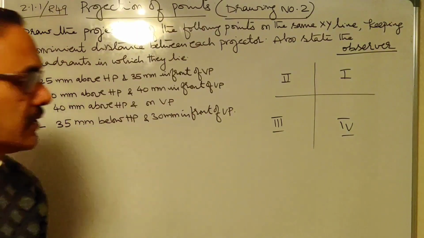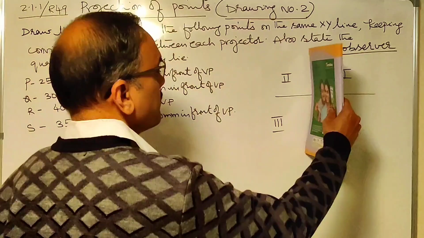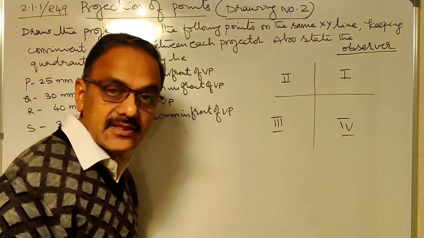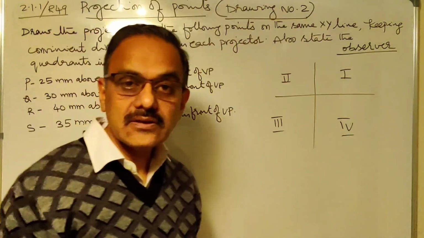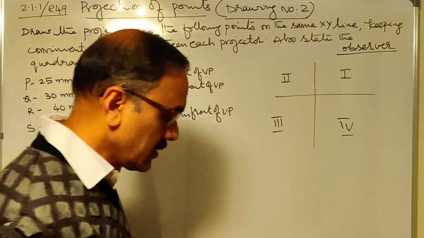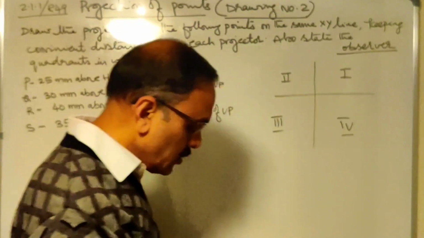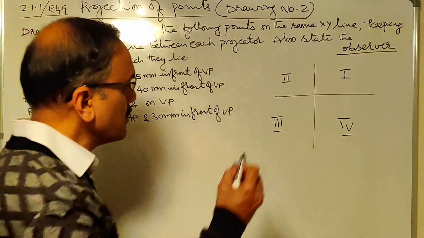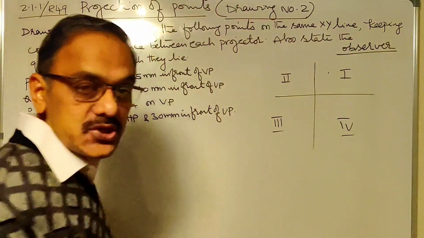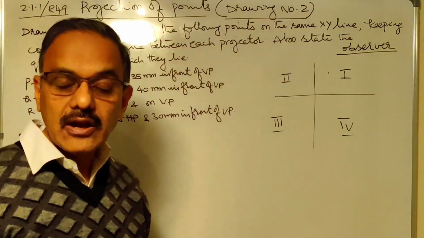Let us say you have a vertical plane here and this is the horizontal plane. So we imagine that the space is divided into 4 quadrants using a vertical plane and a horizontal plane. Now, you have learned, suppose there is a point in first quadrant, what is its position with reference to VP and HP.